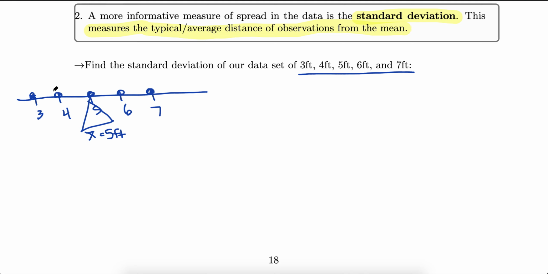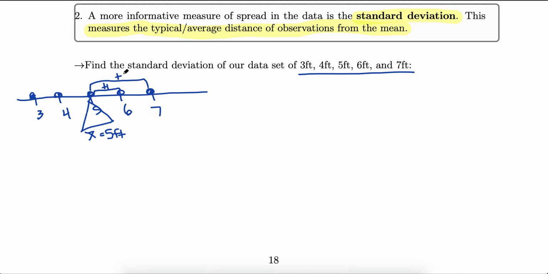And let's check out our definition again. We're looking at the average distance of observations from the mean. So first, before we can calculate it as an average, we need to find all the distances. I could just look at this and say, okay, 6 is 1 away from 5. 7 is 2 away from the mean of 5.